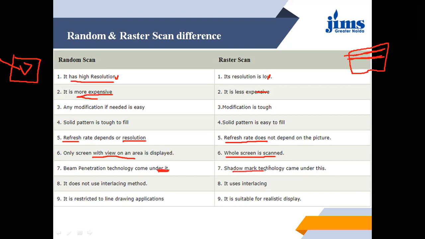Beam penetration technology comes under random scan, whereas raster scan uses shadow mask technology. This is not mark, this is shadow mask technology. Raster scan uses interlacing, whereas random scan does not have an interlacing method.